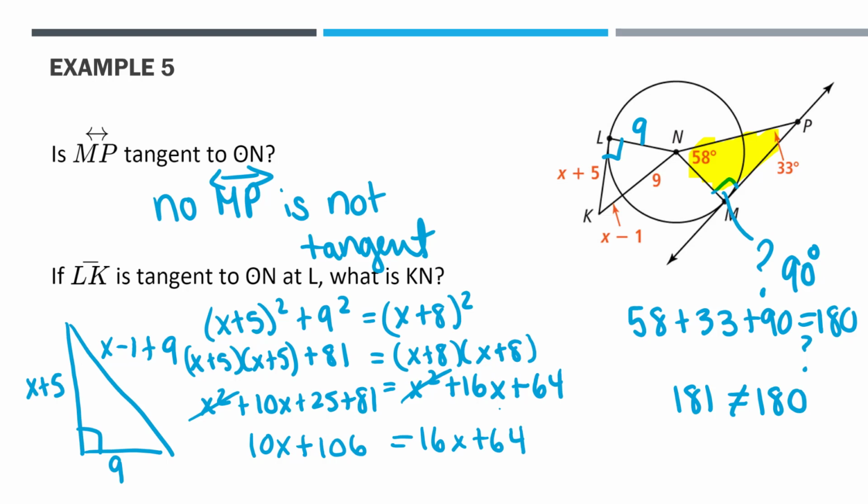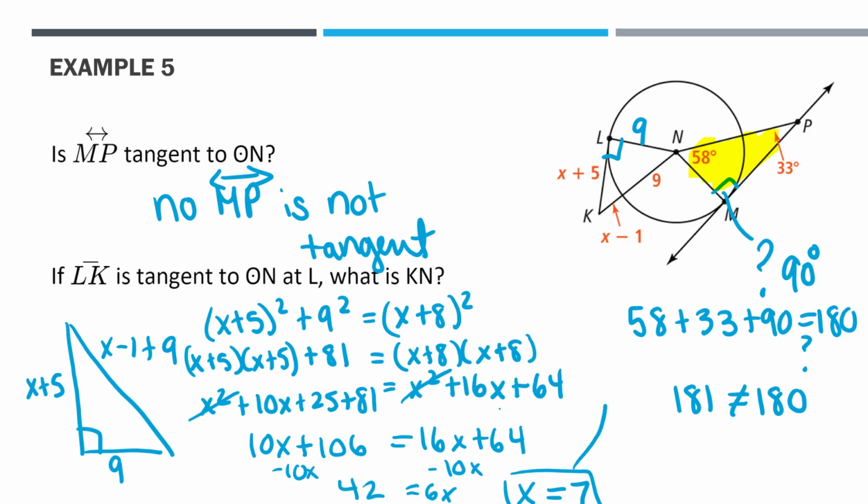I'll bring the x's to the right-hand side. So if we subtract 10x, we end up getting 6x. And if I subtract 64 from both sides, we get 42. Divide both sides by 6 and we get x is equal to 7.